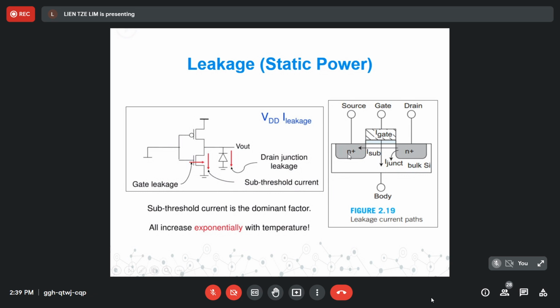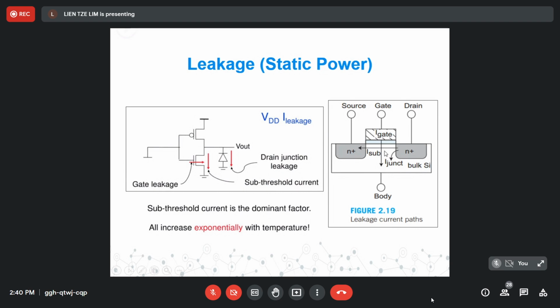And then there is another diagram here that also shows the same thing. It shows the side view of the transistor. In this side view, you can see the directions of the current flow for each of the leakage currents. So you see that this is the leakage current from the gate to the substrate.